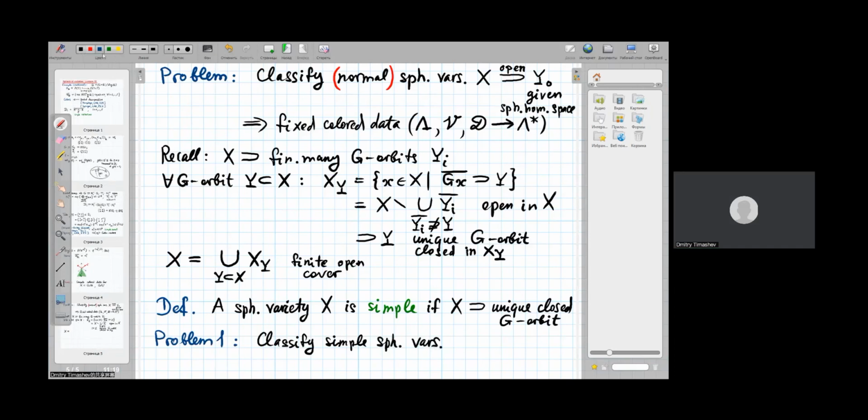And then the second problem is how to glue them together to obtain arbitrary spherical varieties.